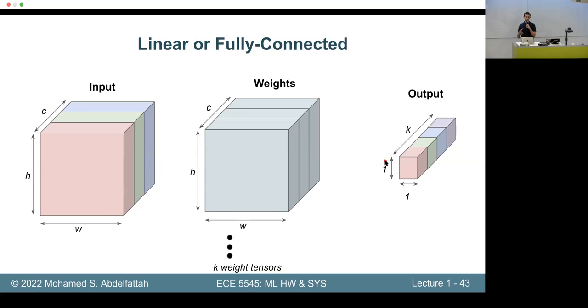So it's a massive reduction from input to output size, and that's because of those huge weights that are connected to each one of those inputs. That means each weight is connected to an input, and there's a huge dot product between all of those things, and a big accumulation between all of the partial values. Basically, we multiply this whole thing by that whole thing and compute just one value here, repeated k times.